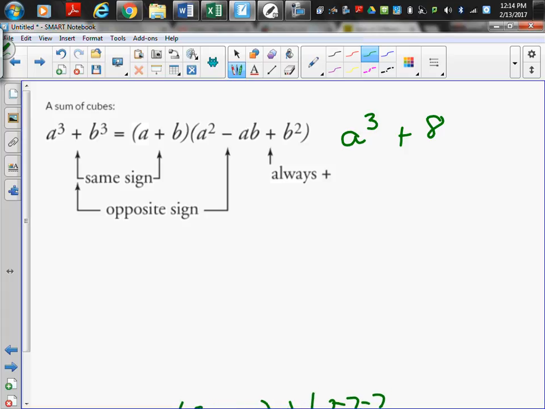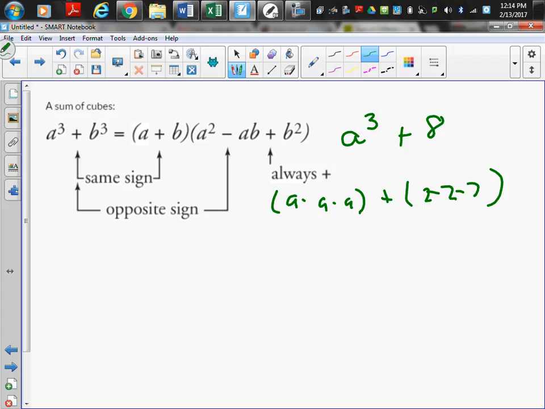So that's how we know that they're both perfect cubes. Because when we break it down into prime factors, A cubed is A times A times A, and 8 is 2 times 2 times 2. So since it's multiplying by the number 3 times, we know that it is a perfect cube.